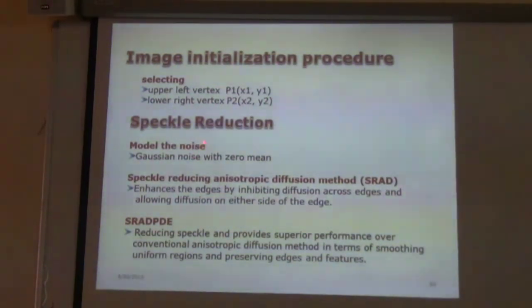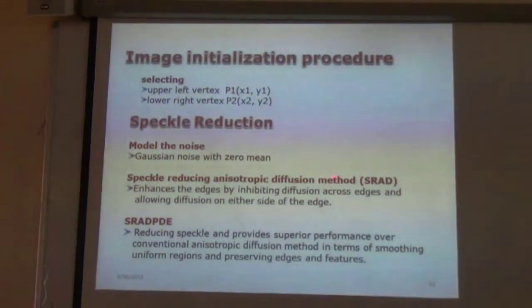Then model the noise. This is a speckle reduction procedure. It is itself a separate, very big algorithm: speckle reduction and isotropic diffusion. Yesterday madam gave certain details about gradient operators. Wherever you need image sharpening, you need to know where there is a sudden change in your intensity level.